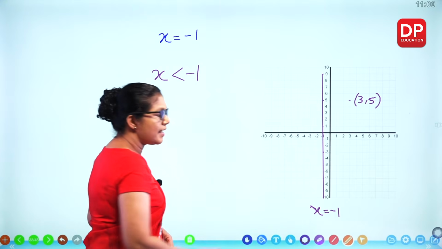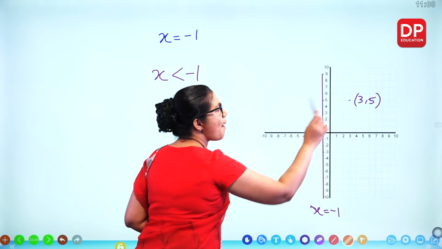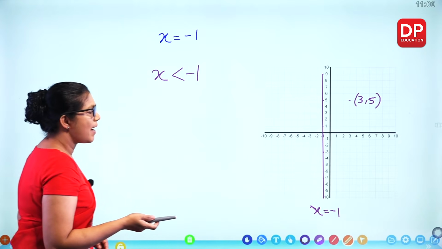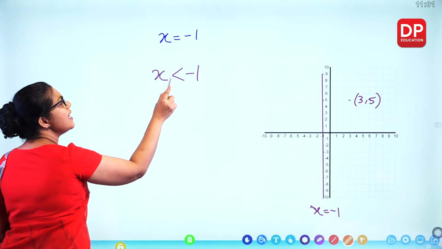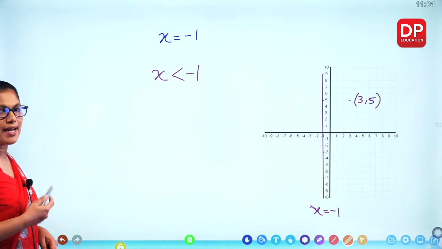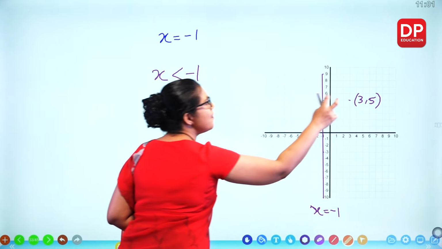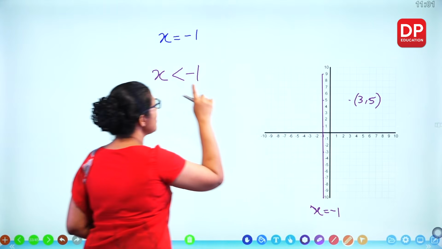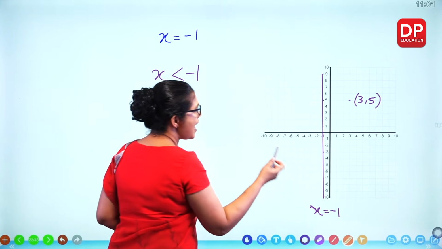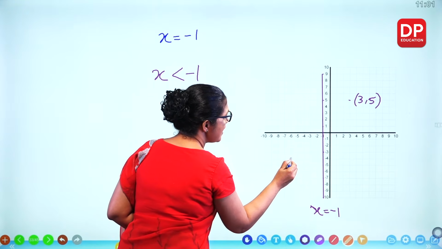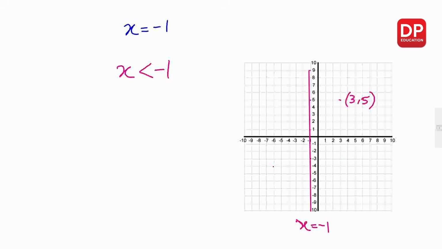This is the minus 1 line. 3 is bigger than minus 1, or greater than minus 1. But we need x less than minus 1. So that means this point is not satisfying this inequality. If you take any value on this side, I'll take this point.